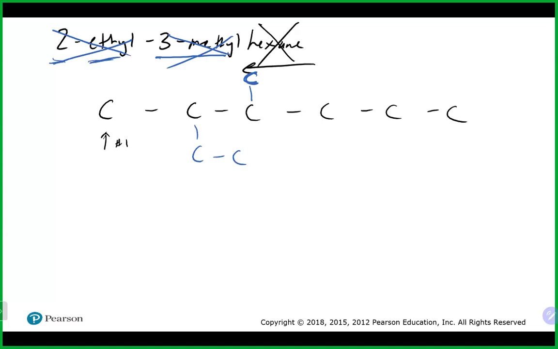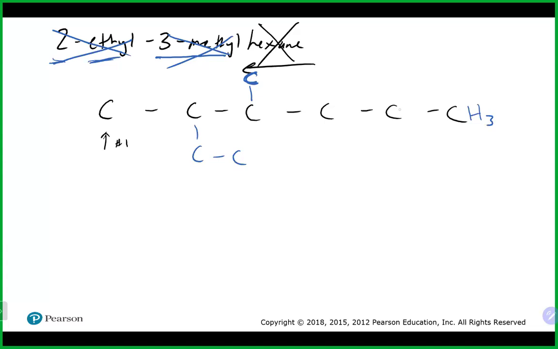At this point, I've scratched out my entire name, and I have nothing else to draw. Everything else here is hydrogen, right? And what we talked about was carbon should always have 4 bonds. So you're going to count up how many hydrogens you need to get carbon to 4 bonds. The one at the very end on the right has one line coming in, which means it would need 3 hydrogens.